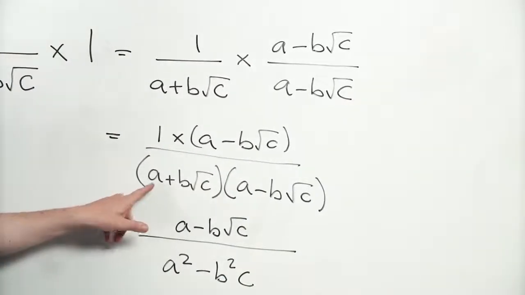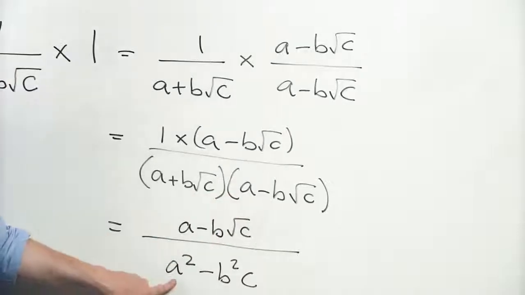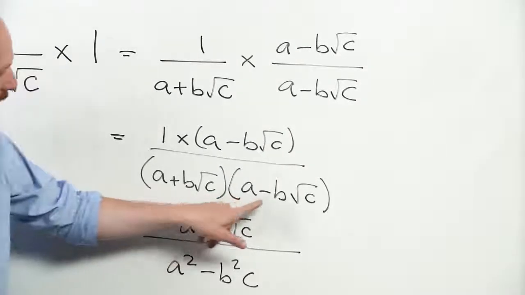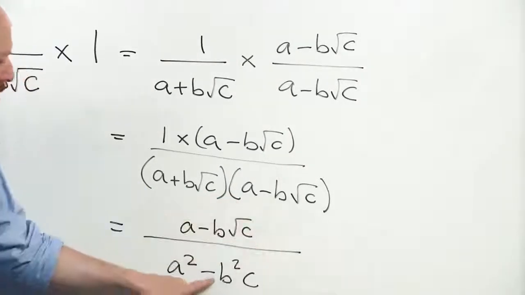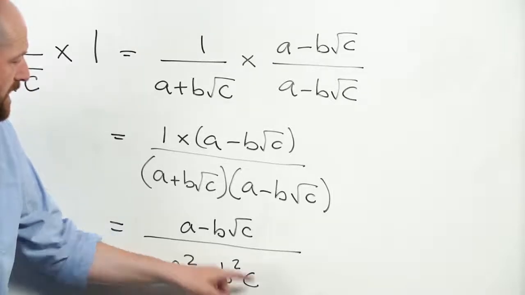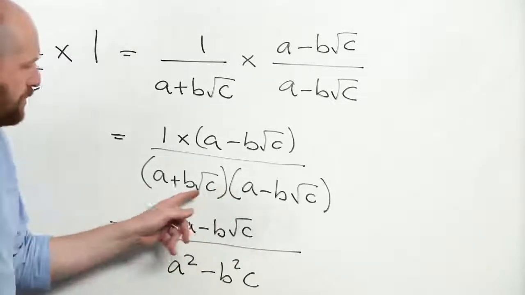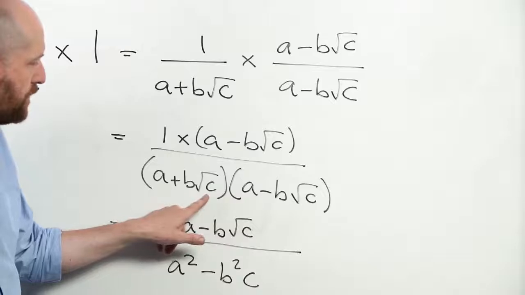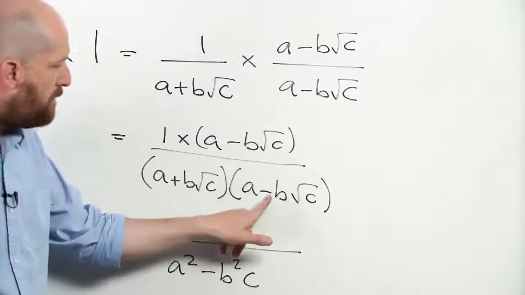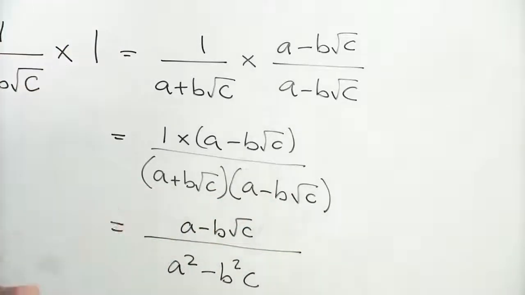Okay, expanding out, doing the a times a gives me an a squared. The b root c times a minus b root c gives me minus b squared c. And in fact, the two other terms in this expression cancel. The b root c times a and the minus b root c times a. So I'm left with this.